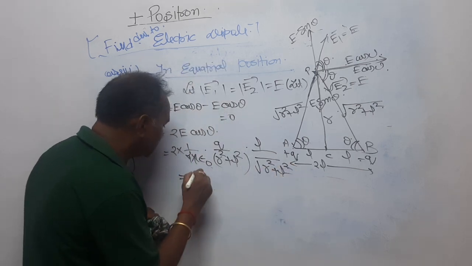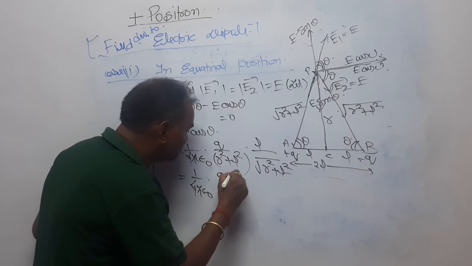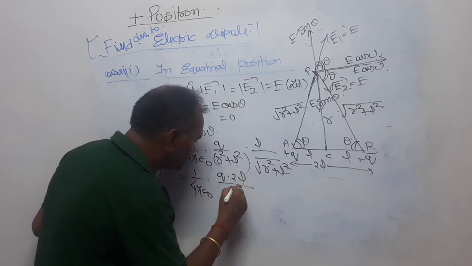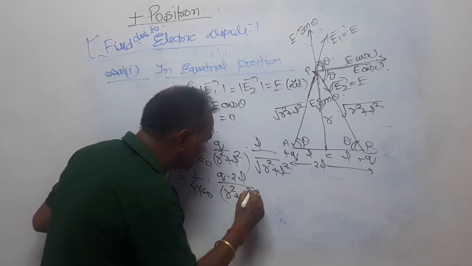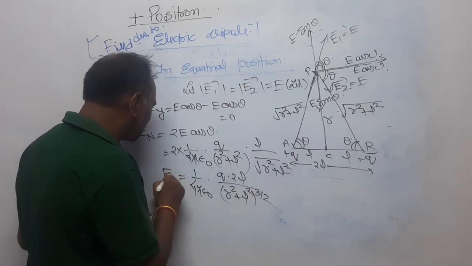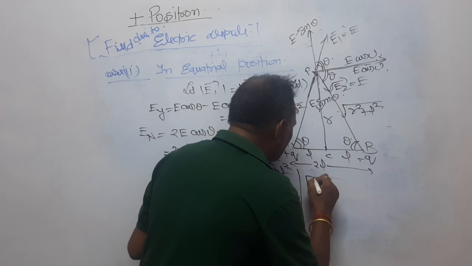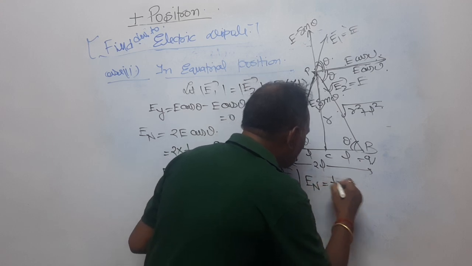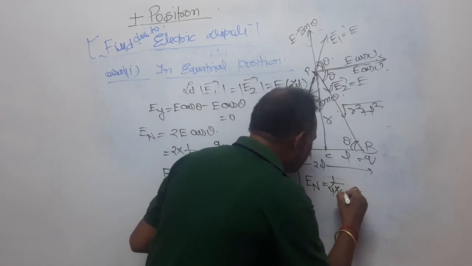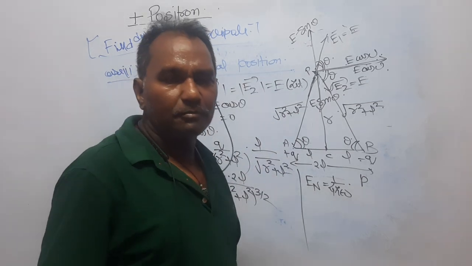Now it becomes 1 upon 4 pi epsilon naught Q into 2L over R square plus L square to the power 3 by 2. Now dear student, this is the net field at point P, and you know Q into 2L is what? Again, that is P, and R square plus L square to the power 3 by 2.